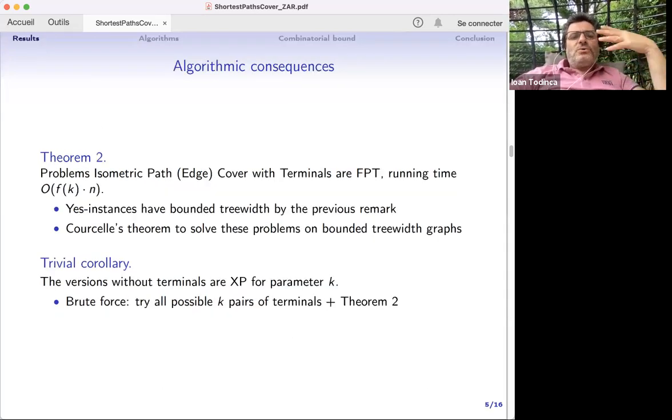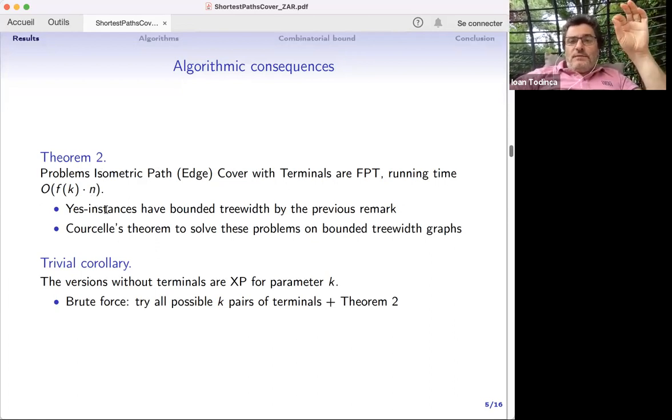And then I use this powerful machinery of Courcelle to show that the problems isometric path cover with terminals, edge and vertices version, are FPT. So the running time is of type f of k times n, it's even linear in n. And here is how I do it.